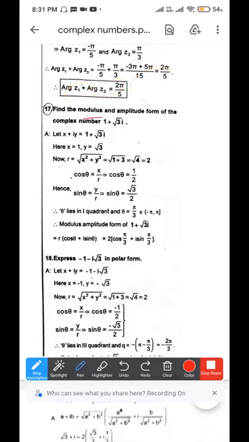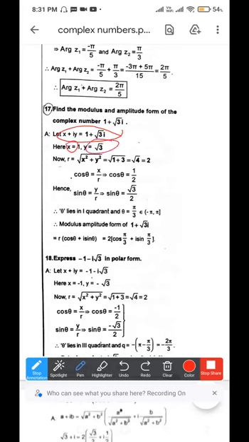Now the modulus and amplitude form of 1 plus root 3 i. So first we'll find the modulus. This is the equation given to us: x plus iy is equal to 1 plus root 3 i. x is 1, y is root 3.